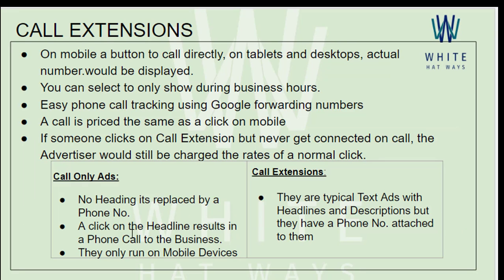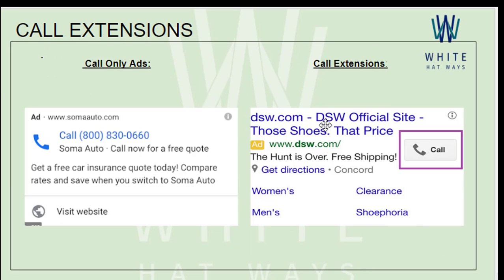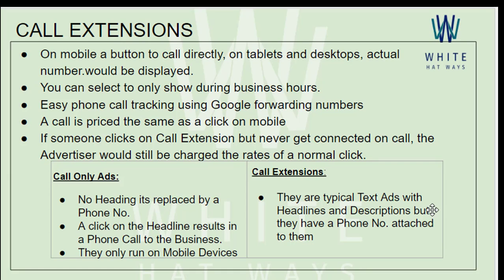Now, in case of call extensions, they are typical text ads. There is a lot written up which is skipped in this particular image. However, they are typical kind of ads with headlines, descriptions, but they have a phone number attached to them.